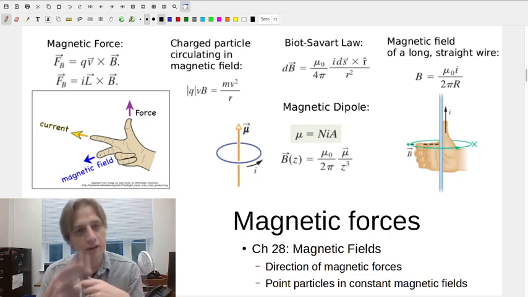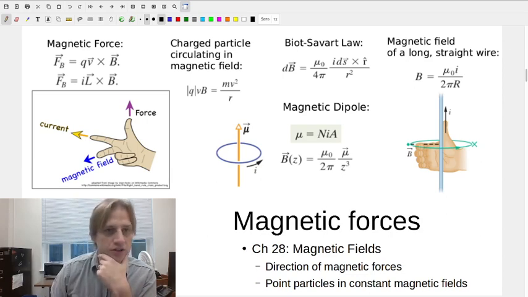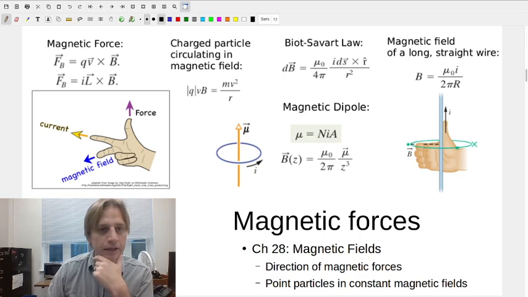If they're parallel, because this is a cross product, that force would go down to zero. But at any other angle, you do get a force. Because this is a cross product, it's dependent on the sine of the angle between V and B, or I and B.